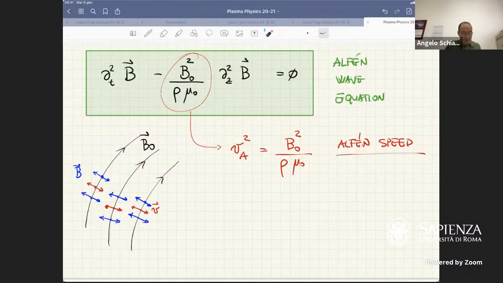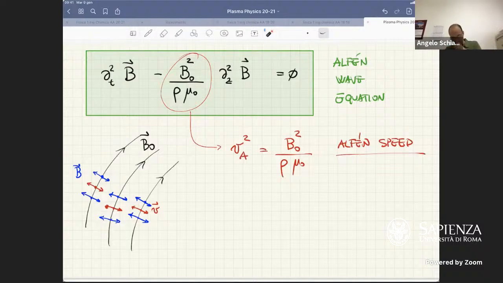Let's see, for instance, what the Alfvén speed is. Are these fast or slow phenomena? Remember that we neglected the displacement current, so they are going to be slow waves with respect to the electromagnetic waves.